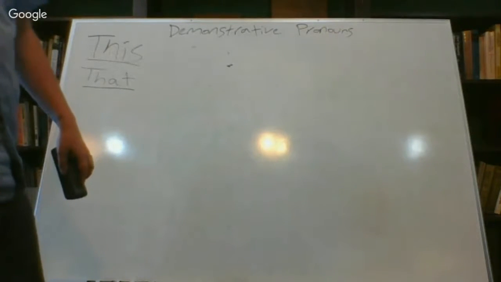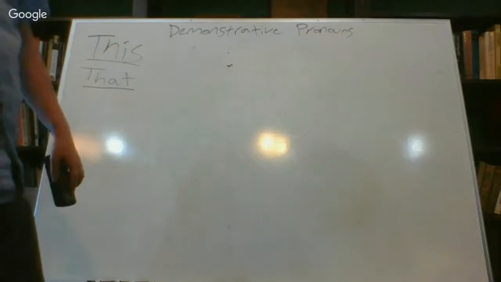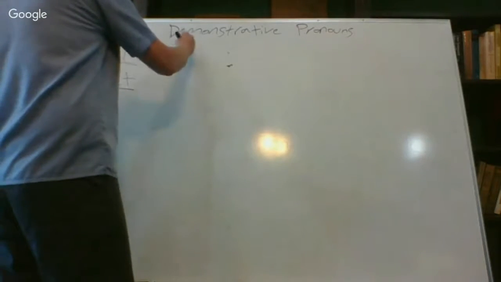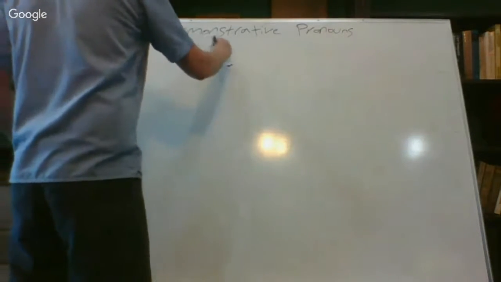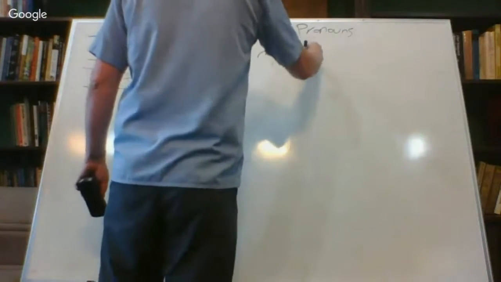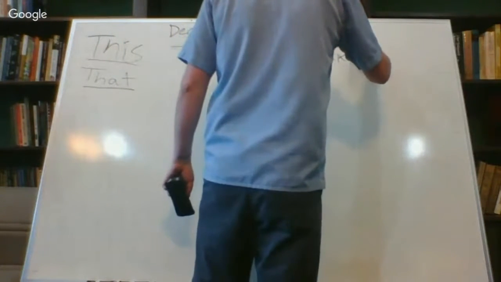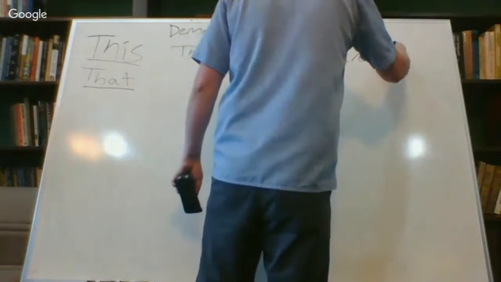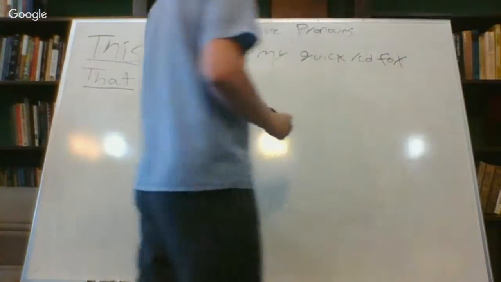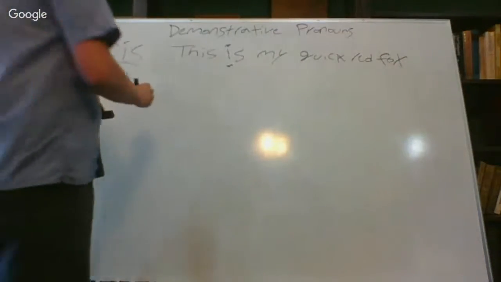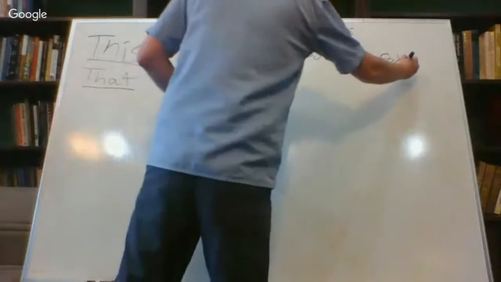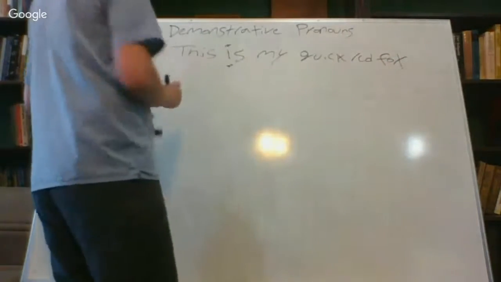Our fun little sentence here. So I'm going to say this is my quick red fox, right? So now I'm going to throw a comma here because I'm making a dependent conjunction here.